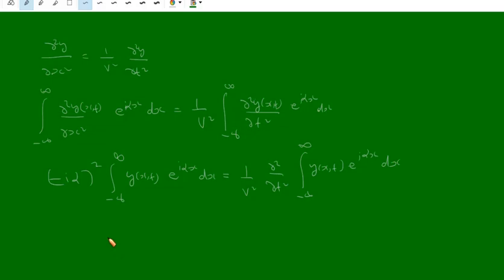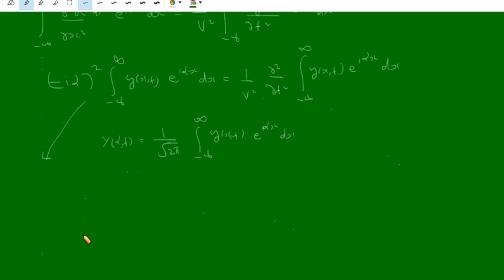Now if I define y of alpha,t as 1 by root 2 pi times the integral from minus infinity to infinity of y of x,t e raised to i alpha x dx, then this term can be rewritten as (minus i alpha) whole square times y of alpha,t.